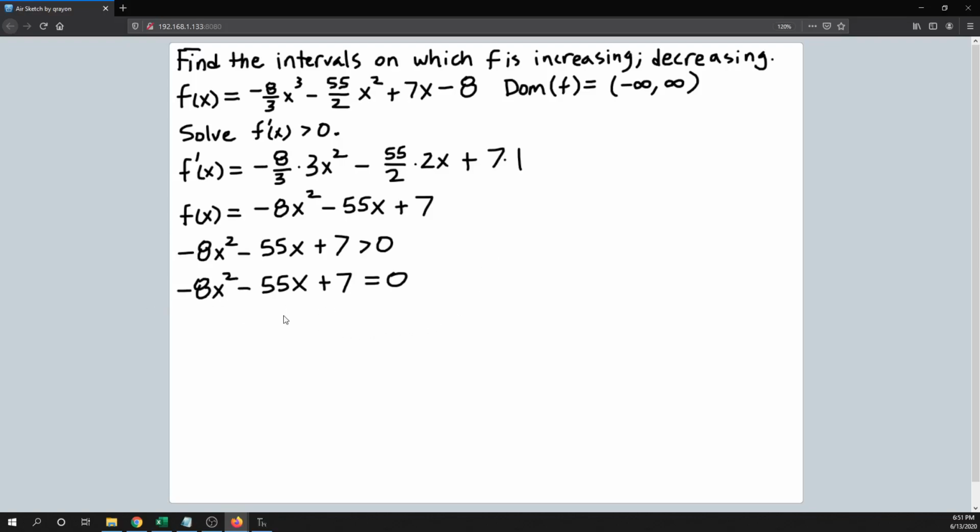So this is a quadratic equation, and it looks like it can be factored. If I look at -8 times 7, that's -56. So I would need two numbers that multiply to give us -56 and then add up to give -55. So that would be -56 and a +1.